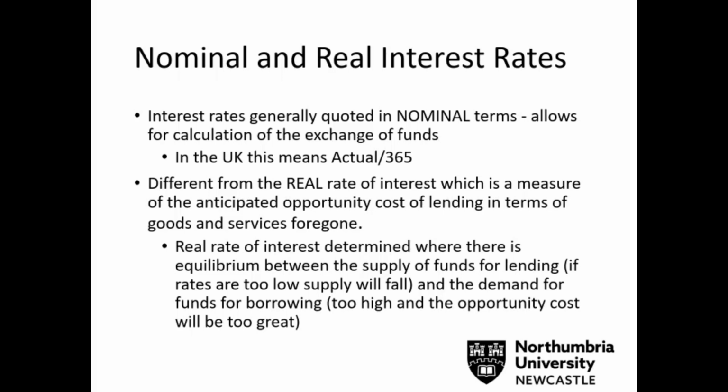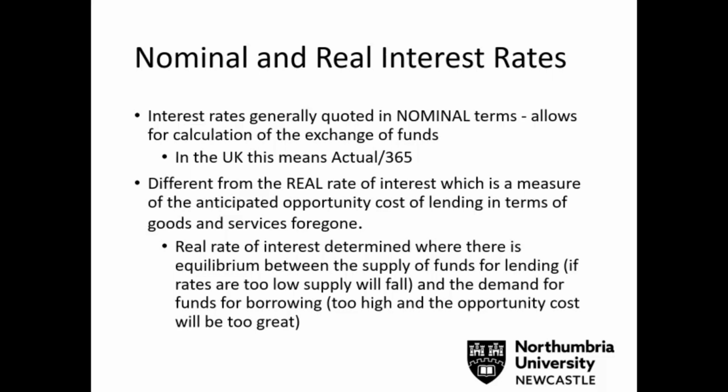In the UK, we use 365. In the likes of Japan, they also use 365. But markets such as the Euro area, the European region, and the US use 360 days. So the nominal rate of interest is really for mathematical purposes and allows for some kind of conversion if it's an overseas transaction.